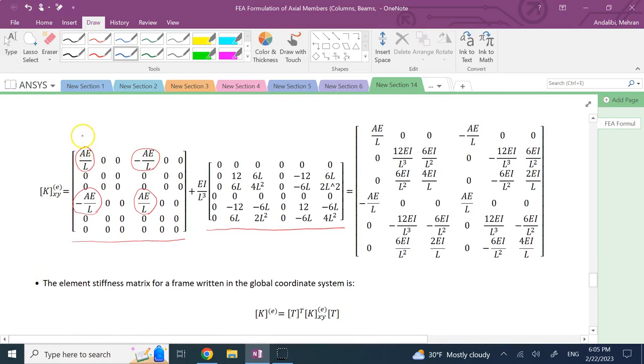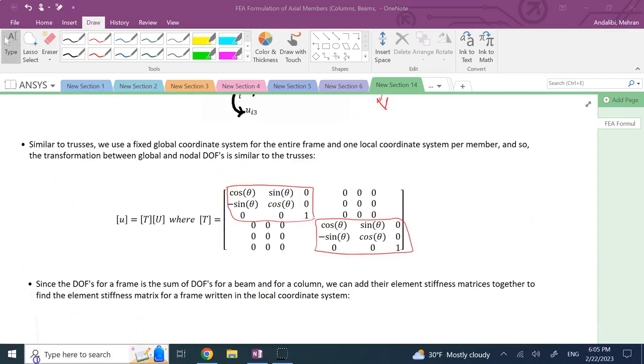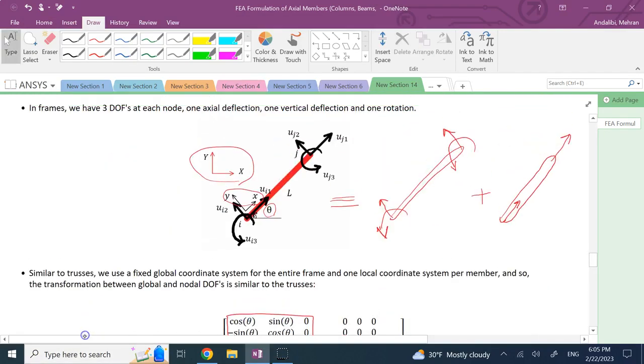Remember, what do you have here? This is UI1, this is UI2, this is UI3, this is UJ1, UJ2, UJ3. Well, guess what? All your column does have is UJ1 and UJ2.